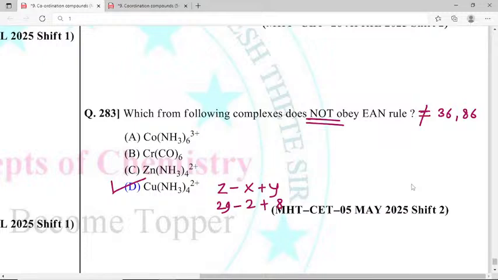So how much number came here? 27 plus 8 is equal to 35. So 35 is your answer, and since 35 is the answer, it does not obey the effective atomic number rule, not equal to 36 or 86.